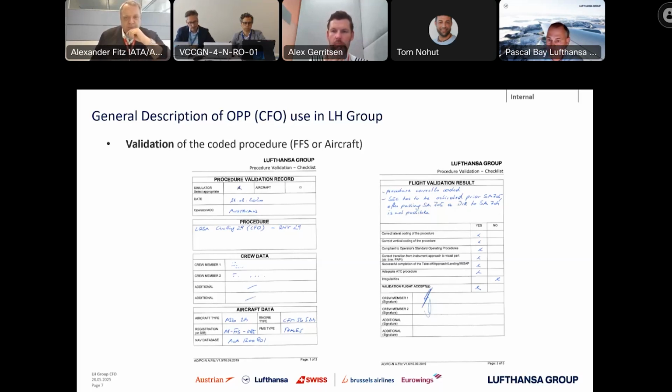They also fill out the validation results and tick yes or no. If something is not going well, then we redesign the procedure and go again to the simulator until it's validated. Looking into the future, we will adapt the checklist out of the SIB once it's out. Good. Next slide.